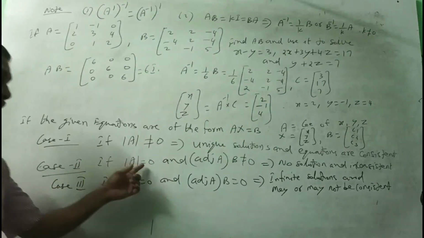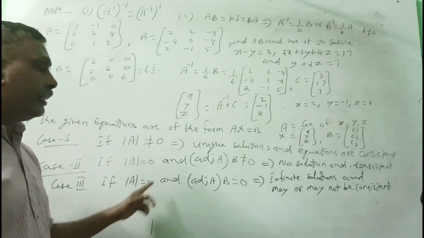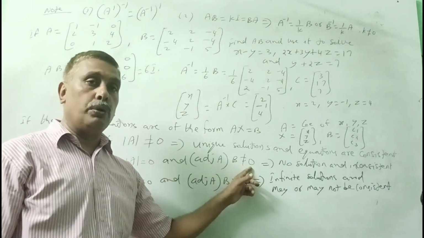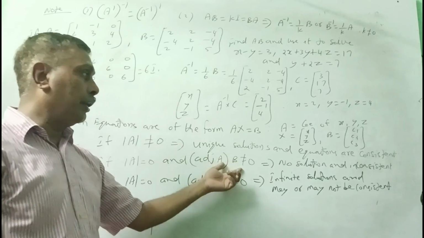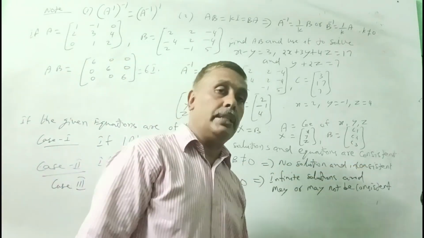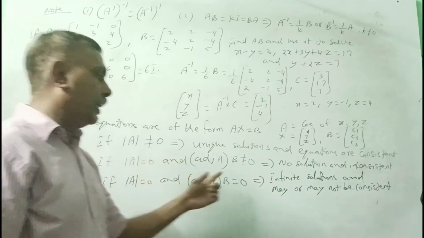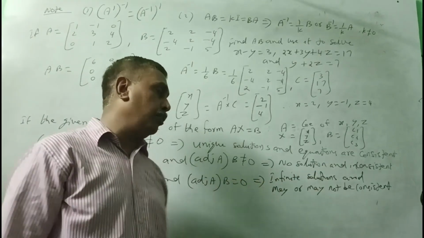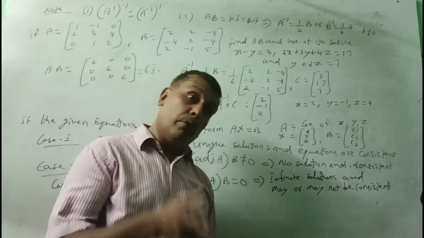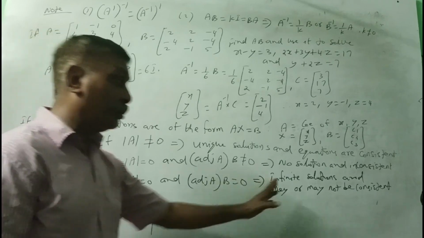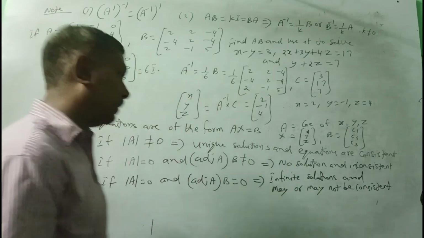Then, if determinant A equal to 0, there are two possibilities. Then you will see adj A times B. If adj A B not equal to 0, then no solution, equations are not consistent. And if determinant A equal to 0 and adj A B equal to 0, then infinite solution, then equations may or may not be consistent. We cannot say it is always consistent, may or may not be consistent.